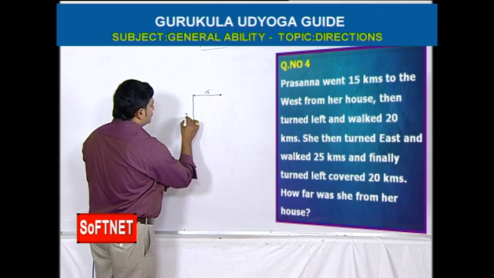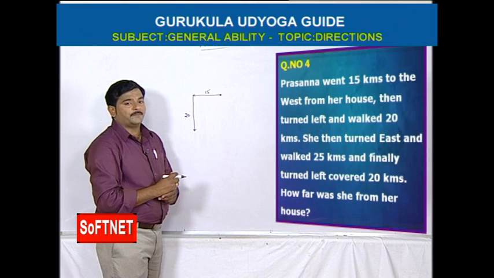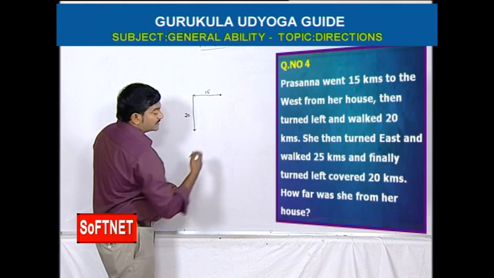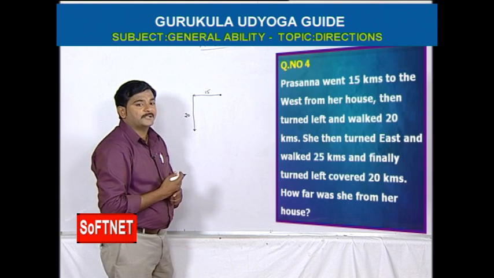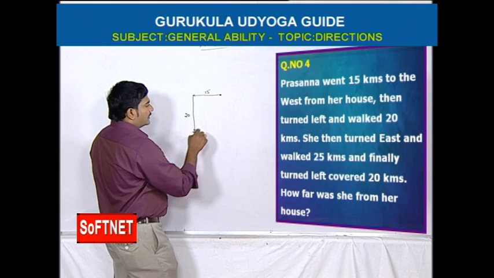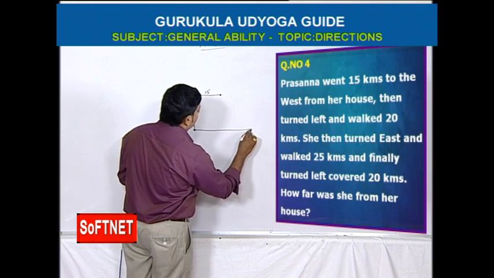Think that this is 20 kilometers. You need to get the accurate diagram. Then what happened? Then she turned east, as we know the east direction already. Again she turned left, east, and walked 25 kilometers.